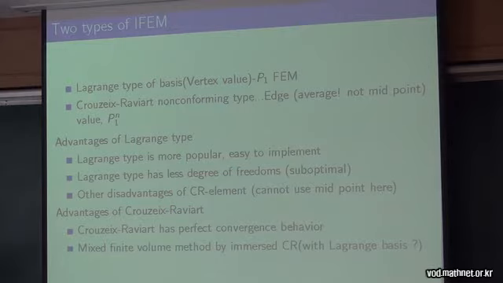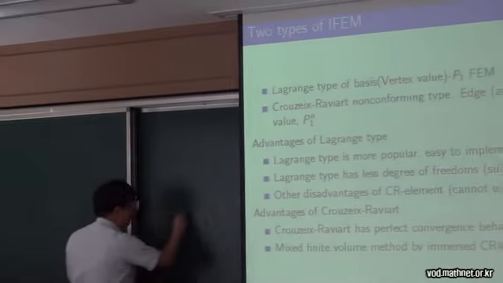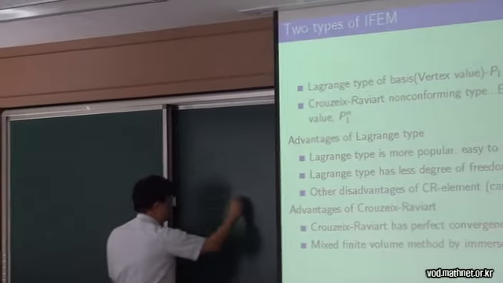This is the first one suggested by those people. The Lagrange type is more popular. Almost every engineer uses vertex-valued DOF. It's well known, it's undergraduate.